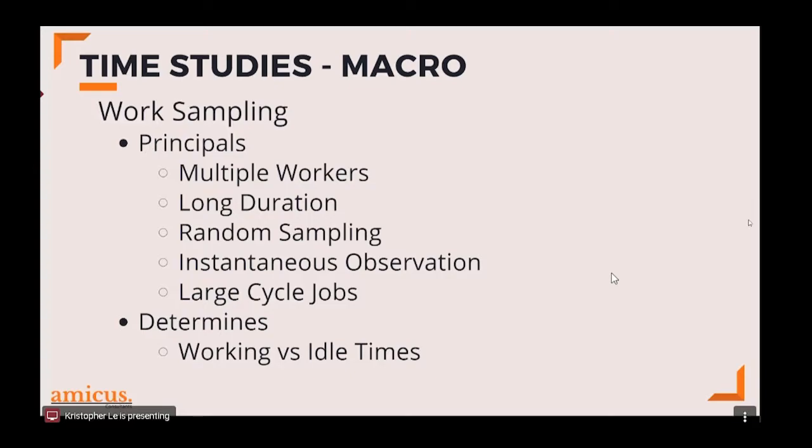This is what you want to do. The upside to doing these macro time studies or work sampling is that it's not very labor intensive. You don't have a stopwatch out. What you're doing is randomly showing up to your production, to your technicians on the floor that are doing production, and evaluating sort of binary, right?